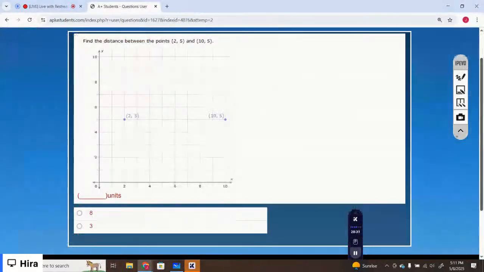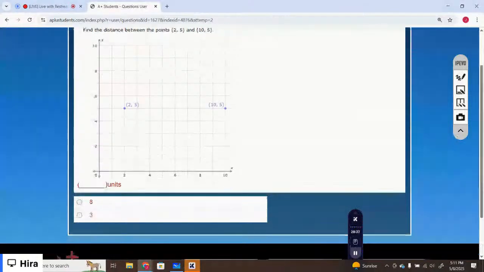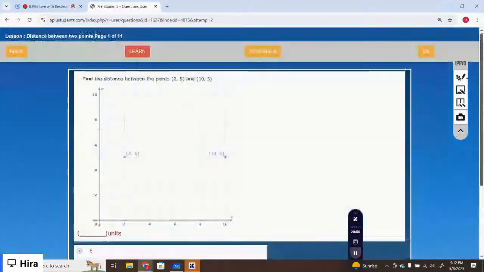So the points have the same y components. 10 minus 2 is 8. Option number 1 is the correct option. That is 8.